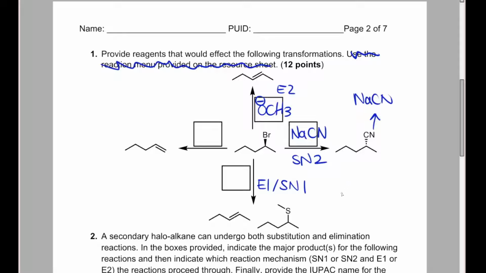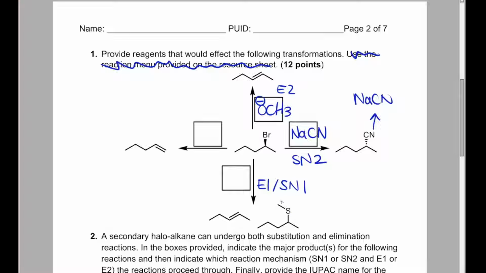We're given a hint as to what we should choose because we see that this is the elimination product. Elimination results in an alkene, and SN1 results in an alkane with a substituted leaving group.